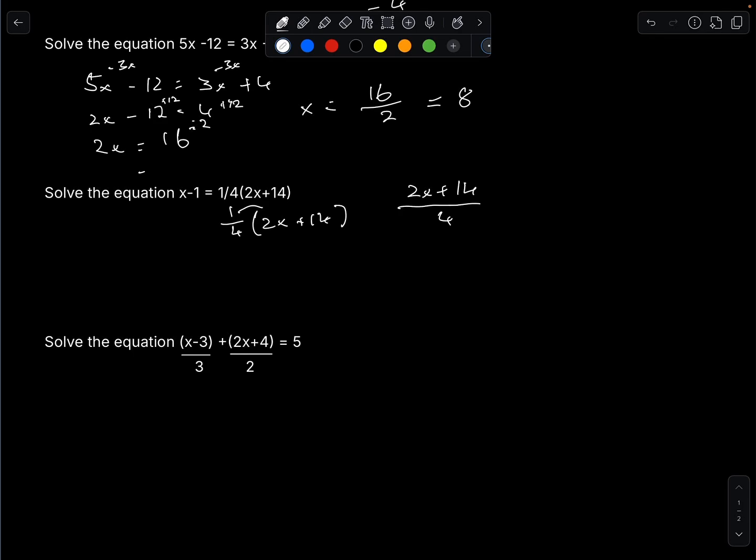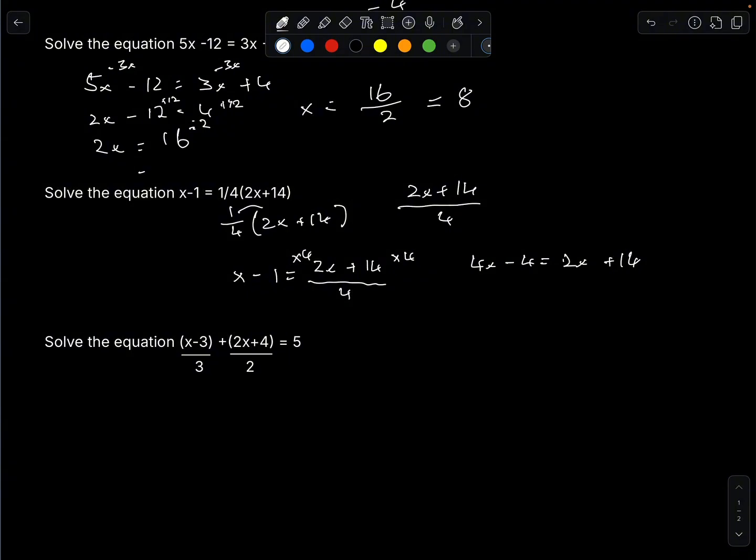So basically we want 1/4 of 2x plus 14. So we have x minus 1 equals 2x plus 14 all over 4. Now, to get rid of this fraction and make it easier, we're going to times both sides by 4, which gives us 4x minus 4 equals 2x plus 14.